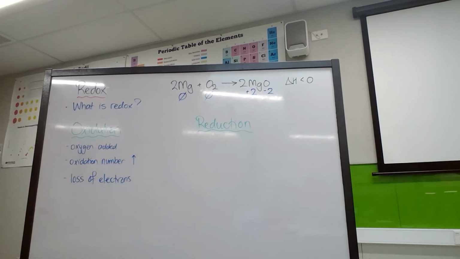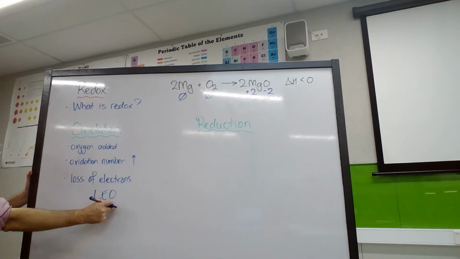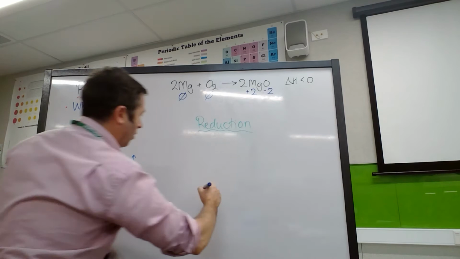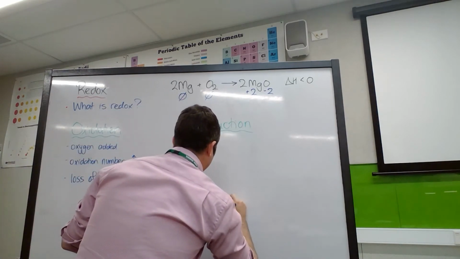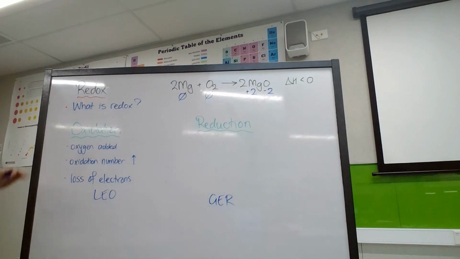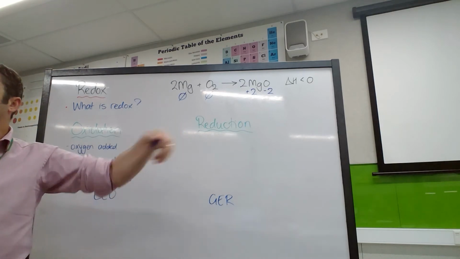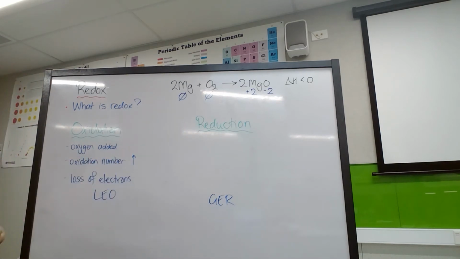And so what you'll often hear is a little phrase: LEO goes GER. Losing electrons is oxidation, gaining electrons is reduction. So these are opposites. If this happens to one thing, reduction has to happen to the other thing in the reaction. So if oxygen is added in oxidation, it means oxygen is lost in reduction.